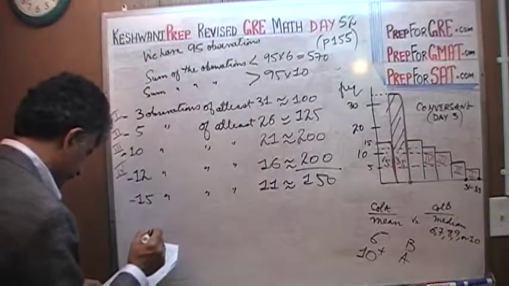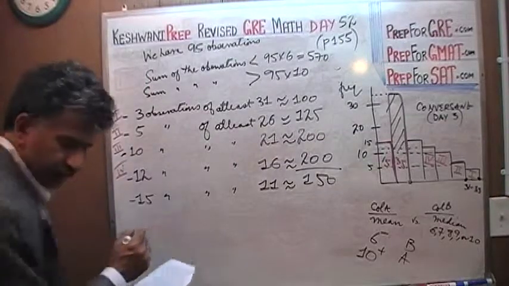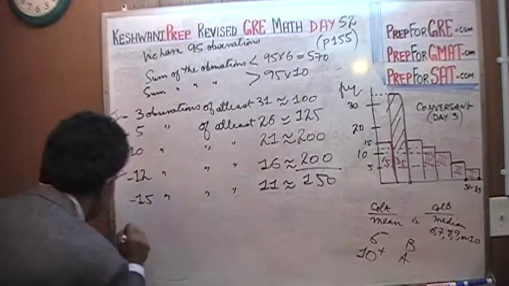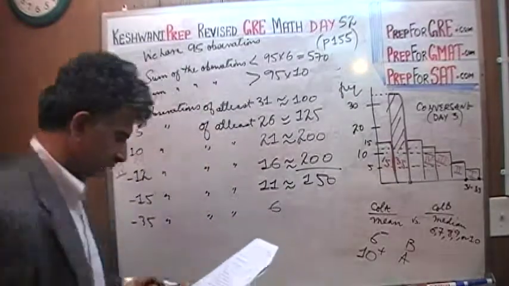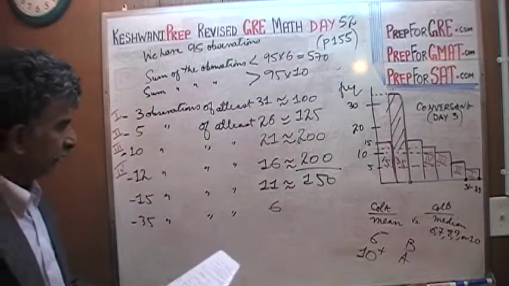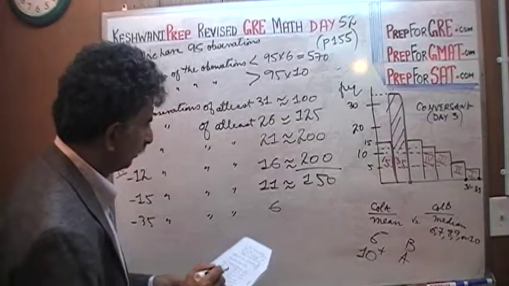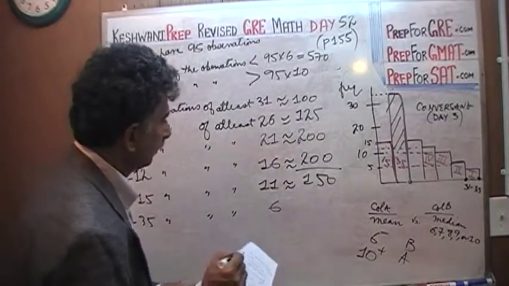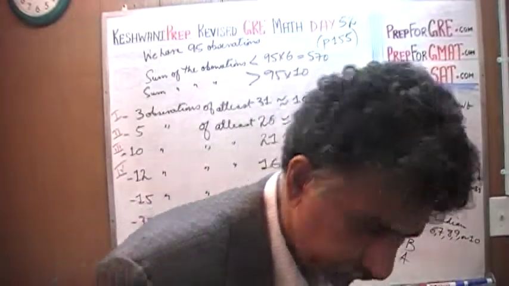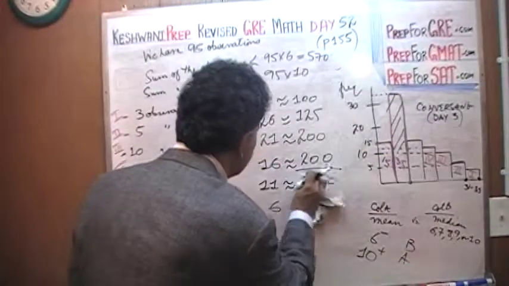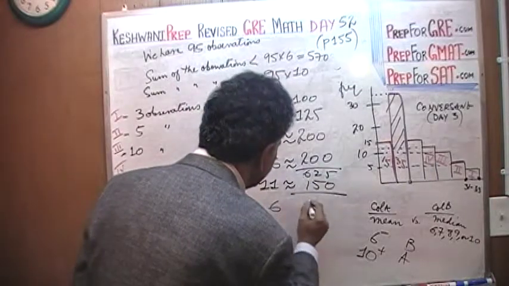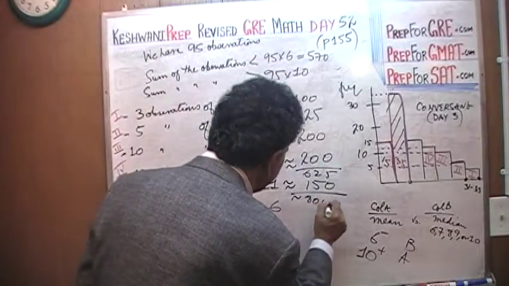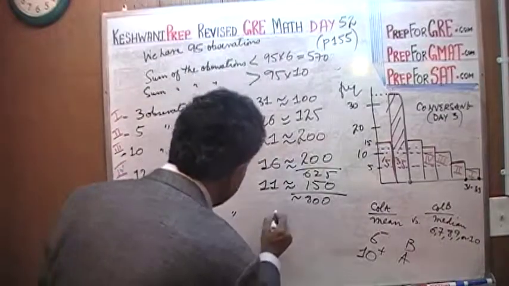Then we have 35 observations of at least 6. Where were we here? We were at 625 here. We were at 625 plus the 150. That gives us approximately 800.